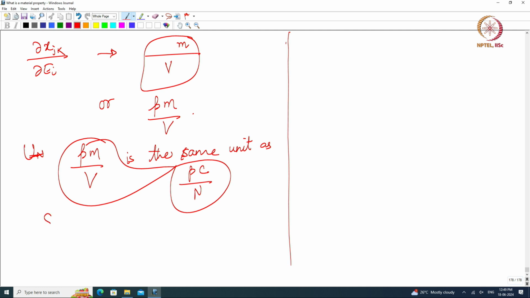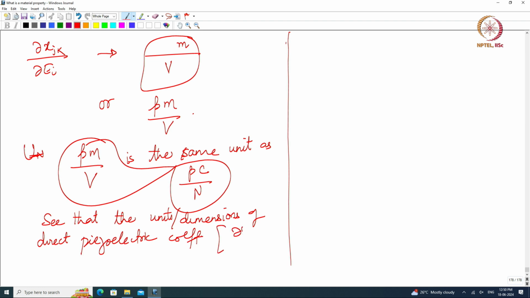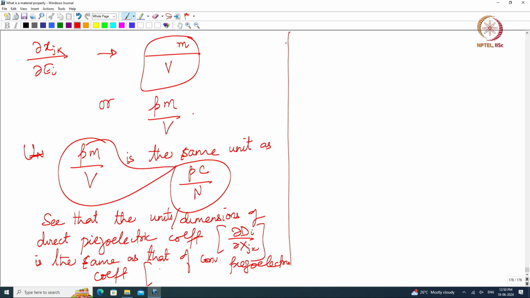Just see that the units or dimensions of the direct piezoelectric coefficient, which is dou d by dou x, is the same as that of the converse piezoelectric coefficient, which is dou x by dou E, but here it is I, here it is J. Okay.